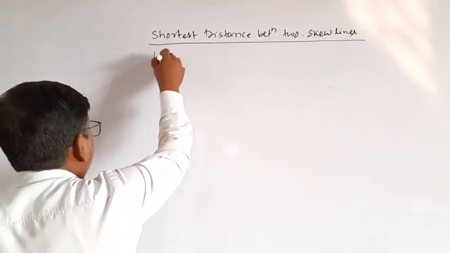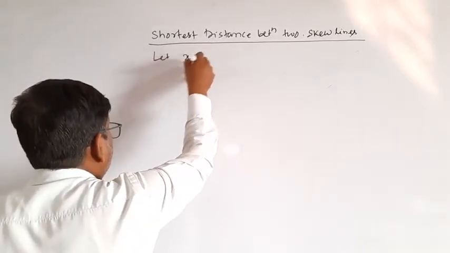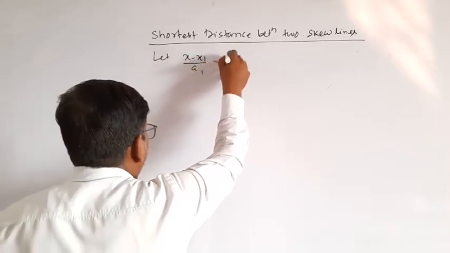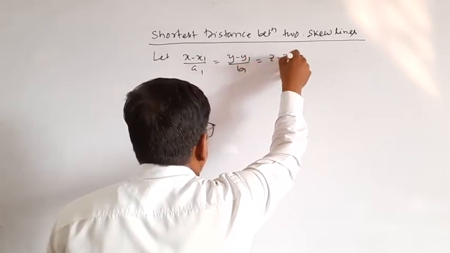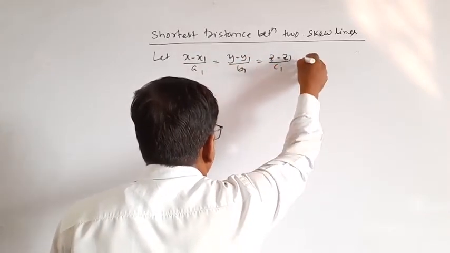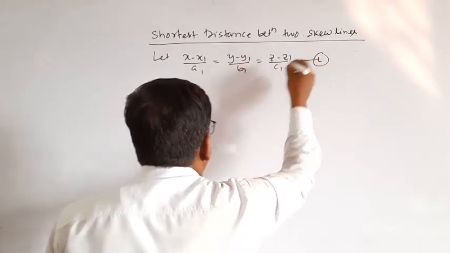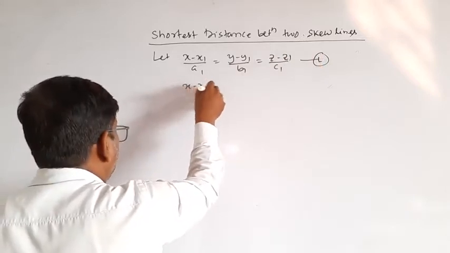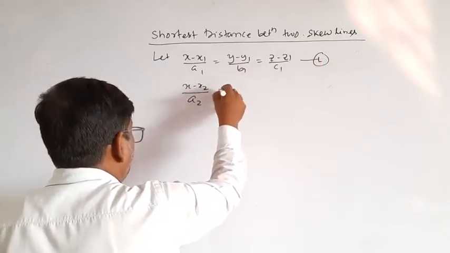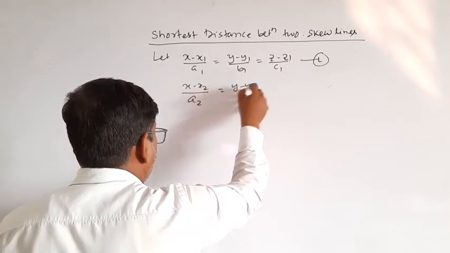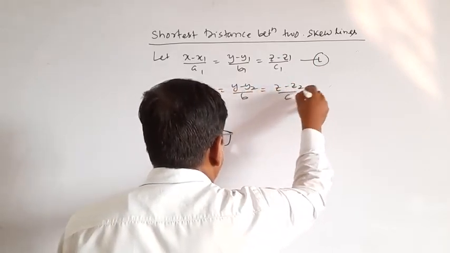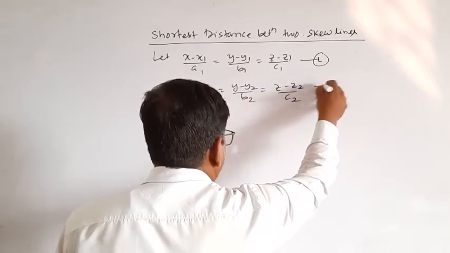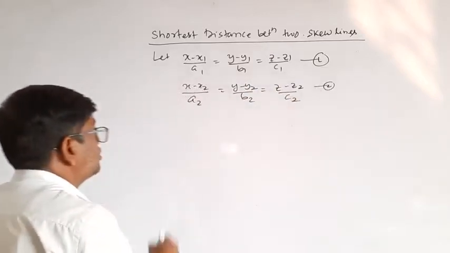Let (x minus x1) by a1 equals (y minus y1) by b1 equals (z minus z1) by c1, that is equation 1, and (x minus x2) by a2 equals (y minus y2) by b2 equals (z minus z2) by c2, that is equation 2, be two skew lines.